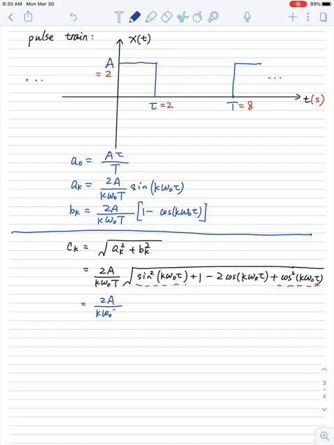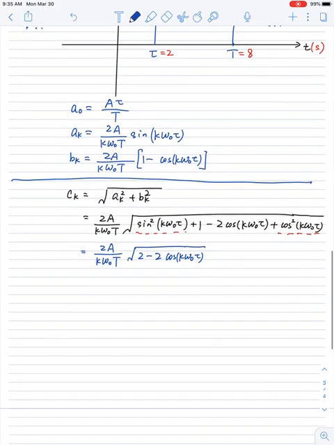This is 2A divided by K omega 0 T multiply with the square root of 2 minus 2 cosine K omega 0 tau.